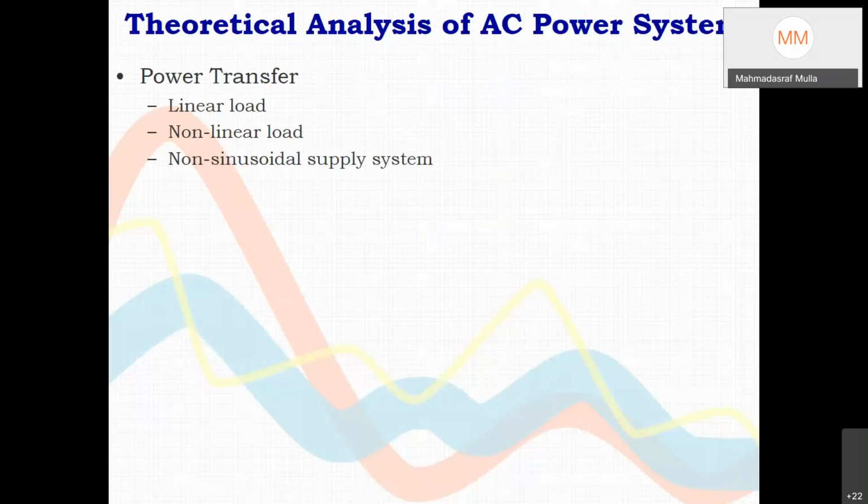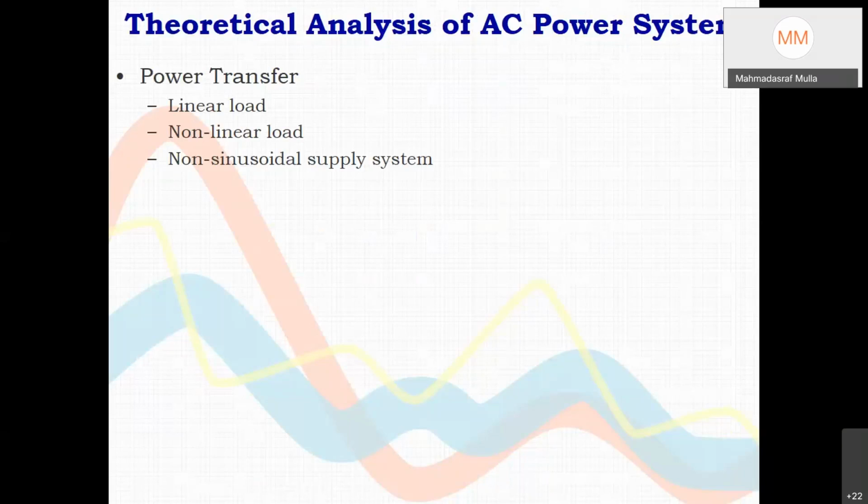We have only three elements, RLC, and some switches in between through which we can connect and disconnect those elements. So we have a linear load, we have a non-linear load. Many times we are supplying such a load with a non-sinusoidal supply. Maybe my inverter is a square wave inverter, not giving sine voltage.